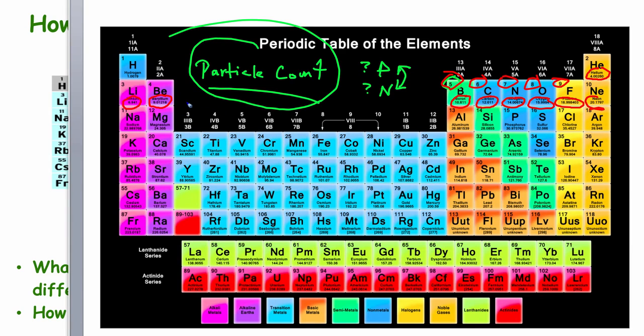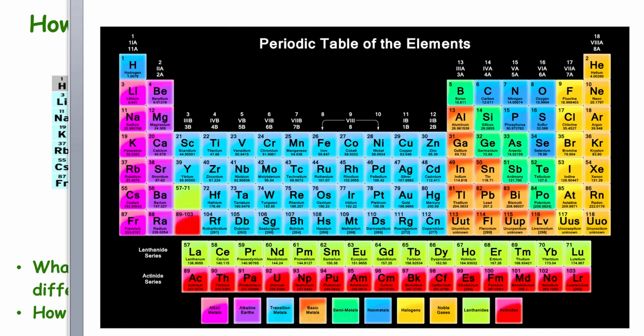Oh, Mr. Woods, so what's the atomic mass? Well, the atomic mass is actually the particle count of any given atom that we might be considering. So let me clear all this off of here, and let me get this clearly written.